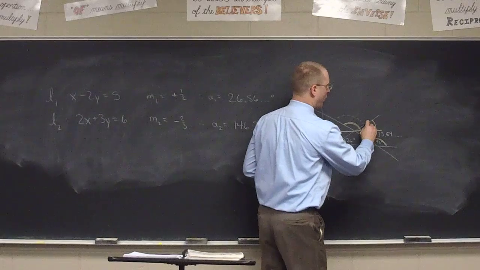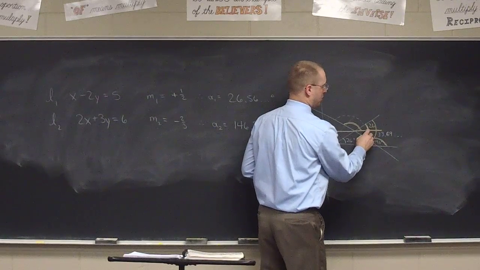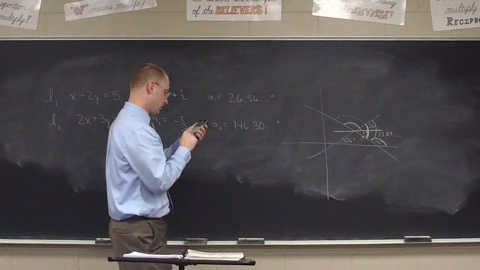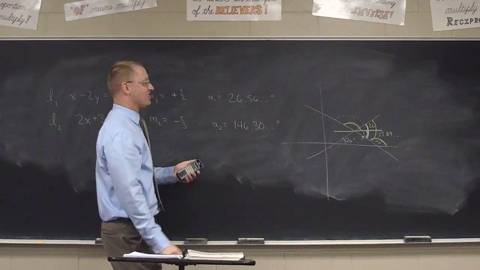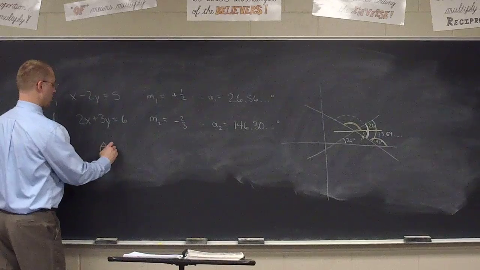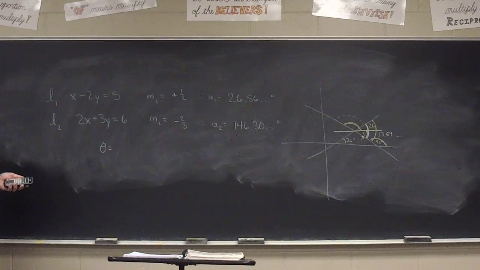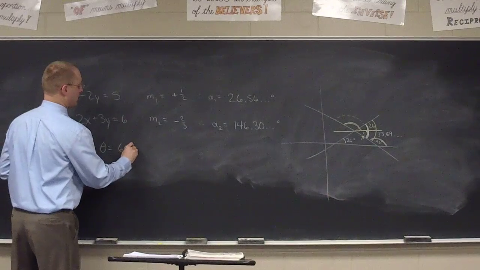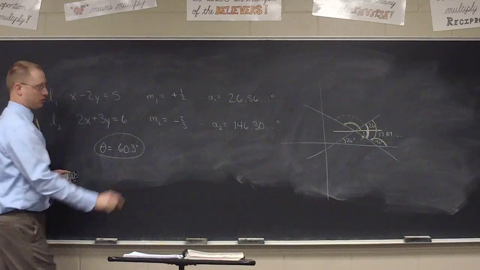So this whole angle has a 33.69 and a 26.56. How big is the angle between these two lines? 60.25. We could round it off and say 60.3 degrees.